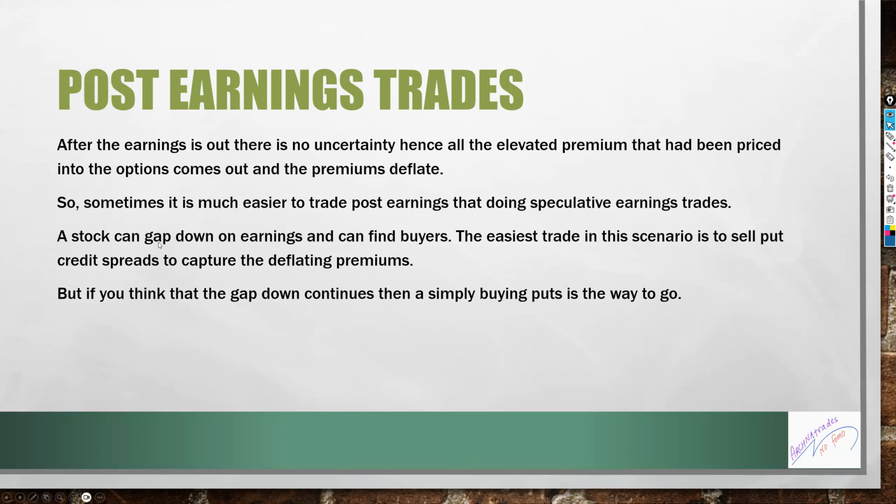Okay. So a stock can gap down on earnings and still find buyers. The easiest trade in that scenario is to sell puts, put credit spreads, to capture the deflating premiums. So suppose in the Microsoft example, it's gapping down, but you think that dip buyers are going to come, and you don't think it goes below the 320 or whatever, you can sell a 310, 300 put credit spread.